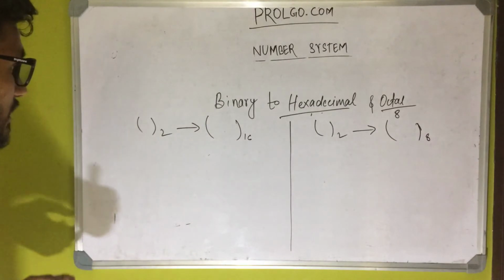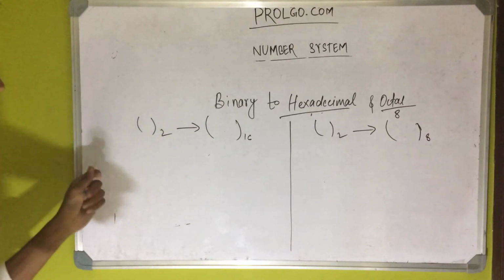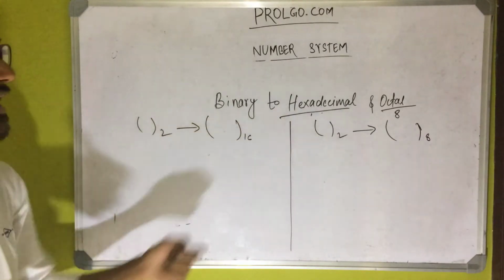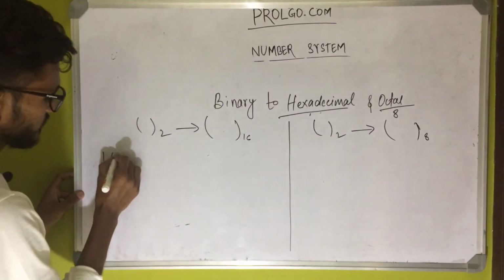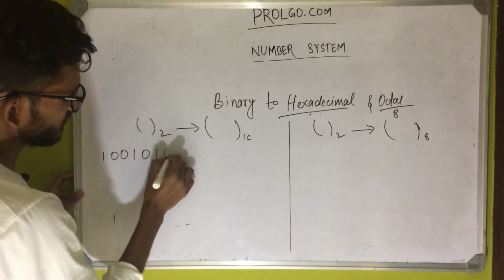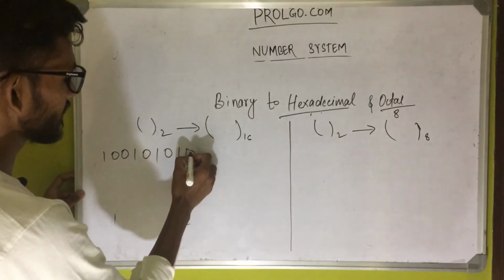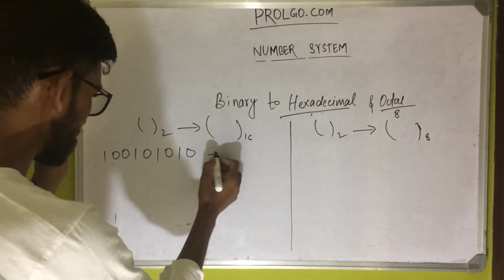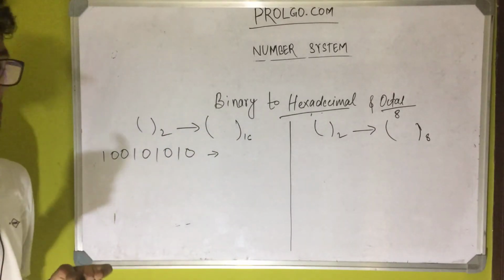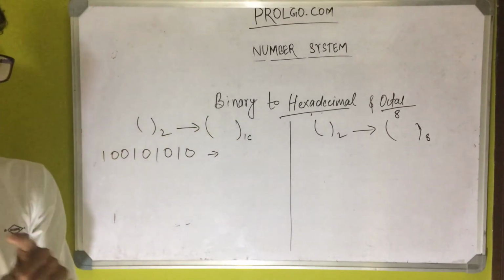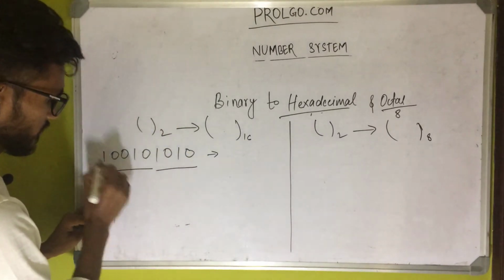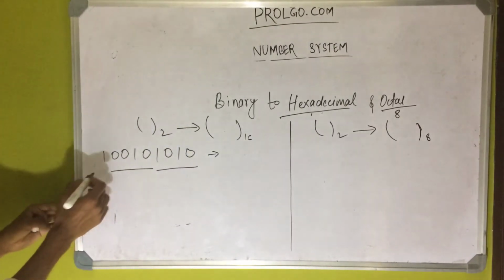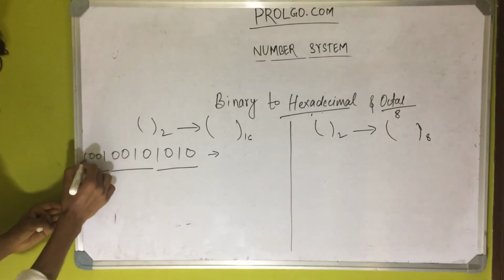Let's take an example. On this side we will convert a binary number to hexadecimal, and on this side from binary to octal. The example is 1 0 0 1 0 0 0 1 0. Take this one, and we have to convert it into hexadecimal. As I told you, for hexadecimal you will require 4 bits, so make groups of 4, and whatever is left, you can put extra 0s to complete the group of 4.